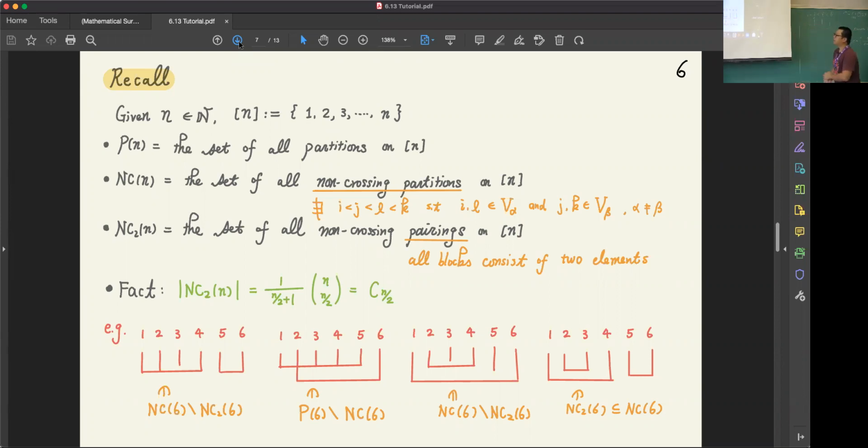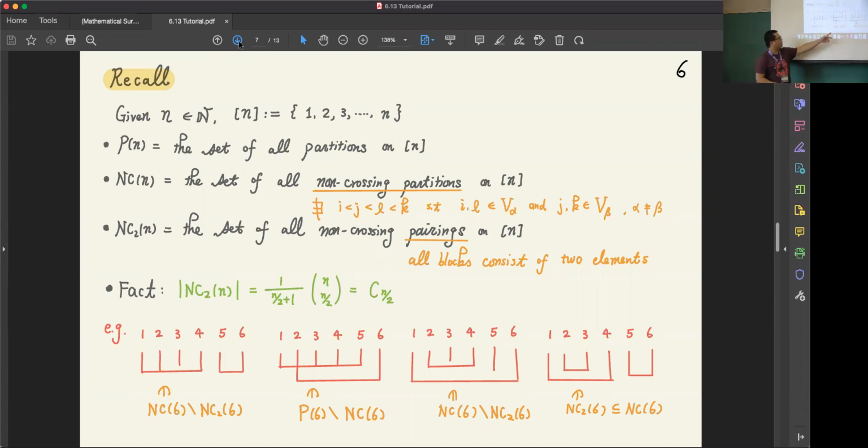Now I just write down a few examples here. In the first one, you can see the graph. We have 6 elements, and 1, 2, 4 are in one block, 3 is a singleton, and 5, 6 are in a block. Now we have 3 blocks. But you can see the graph is non-crossing, so it's in NC6, but it's not a pairing.